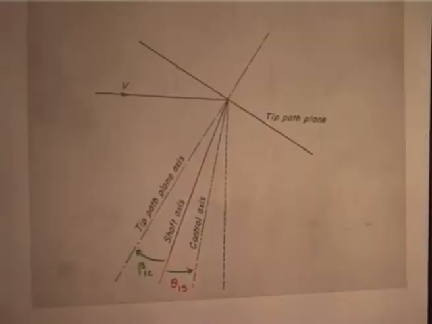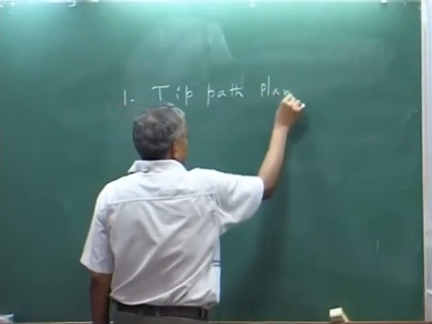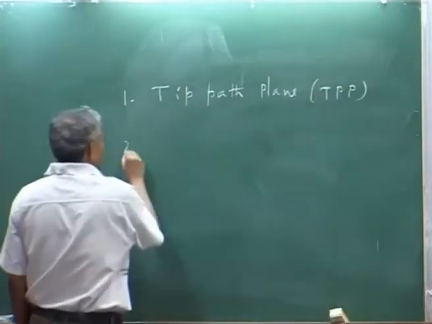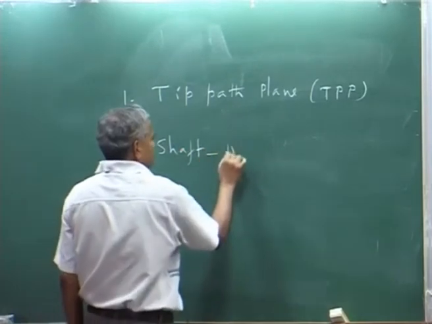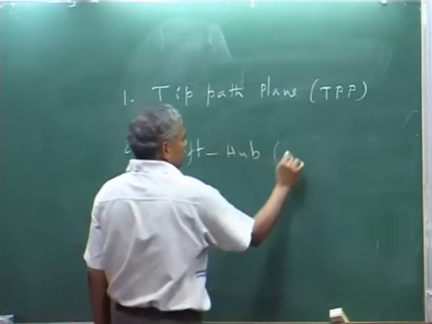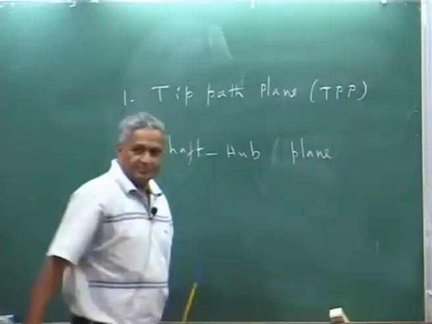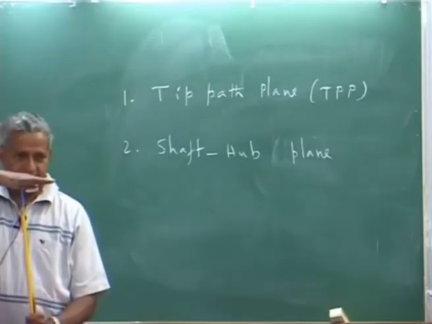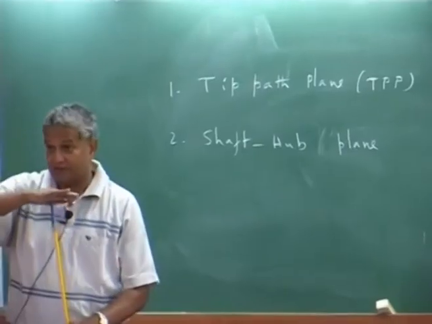So one is the tip path plane, this we call TPP. Then another one is the shaft, this we call the hub plane, because the hub is perpendicular to the shaft, okay, and the shaft is attached to the helicopter.